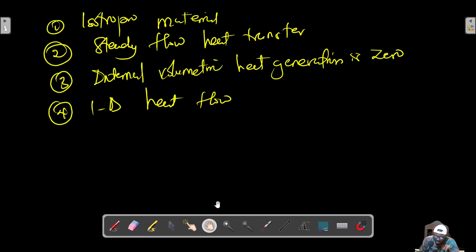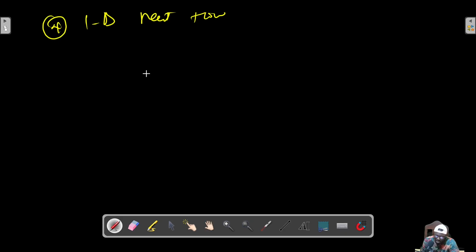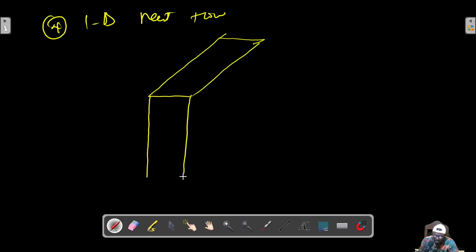Now, let me give you a typical drawing of a plane wall. This is my plane wall.